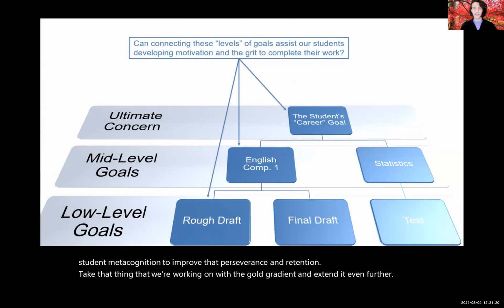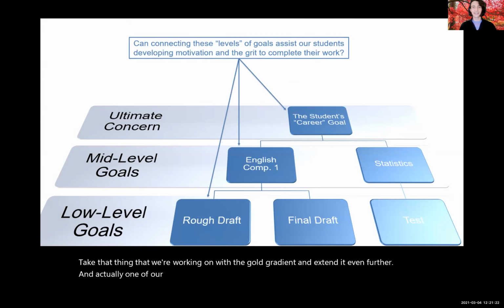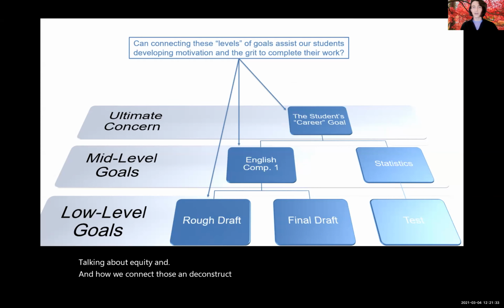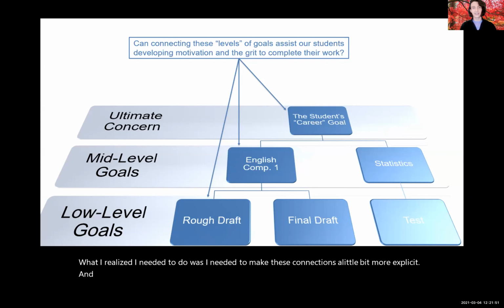And actually, one of our other presenters already talked about this a little bit when talking about equity and equality, and how we connect those and deconstruct the classroom and allow people to feel culturally significant. What I realized I needed to do was make these connections a little bit more explicit, and realize where realistically I fit in their goals.